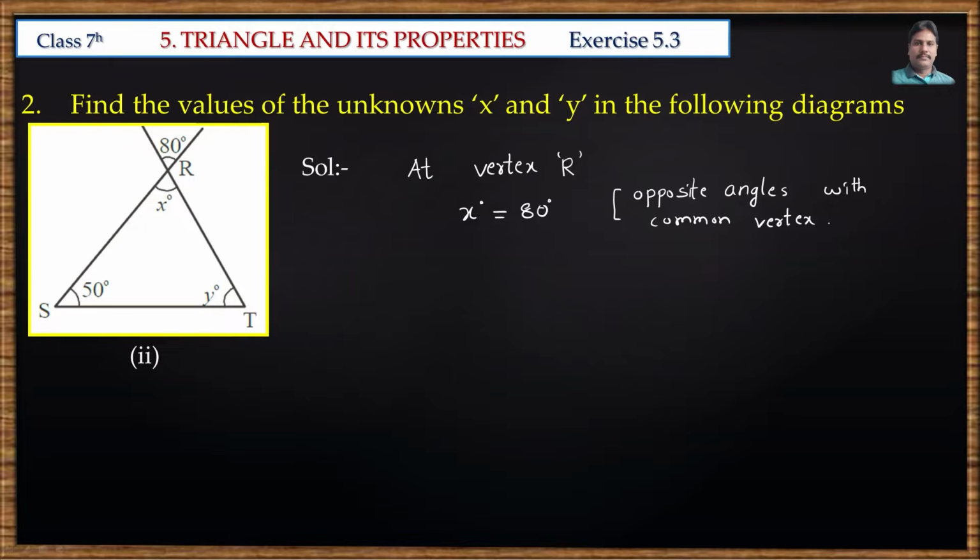Opposite angles with the common vertex are equal. We have already learned.